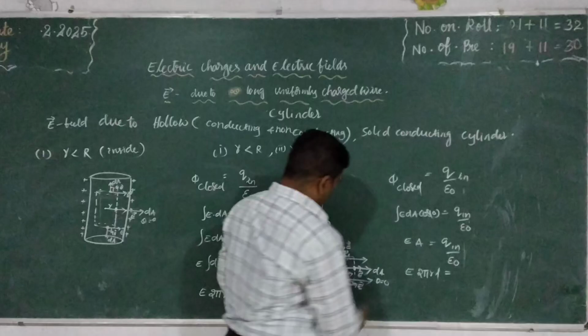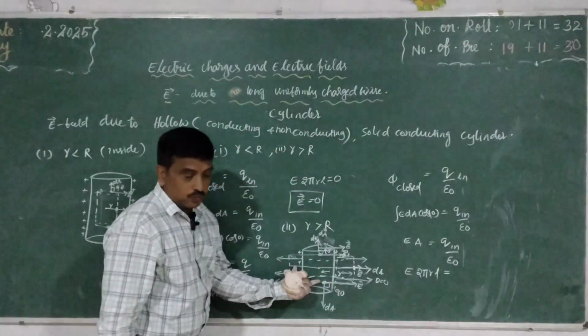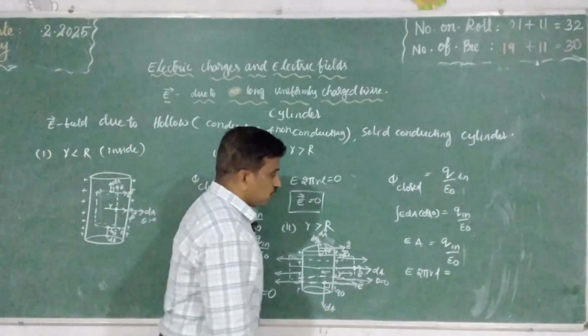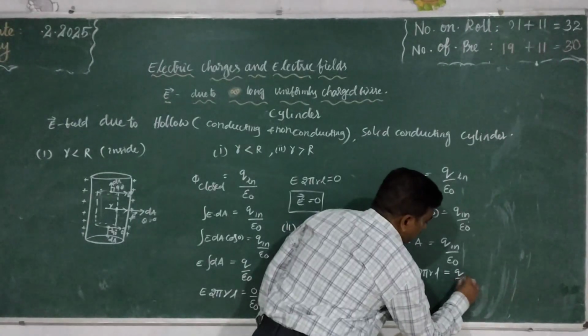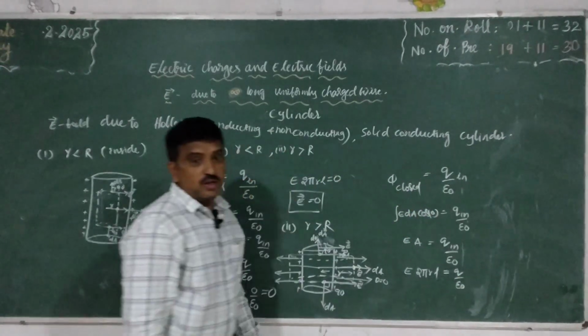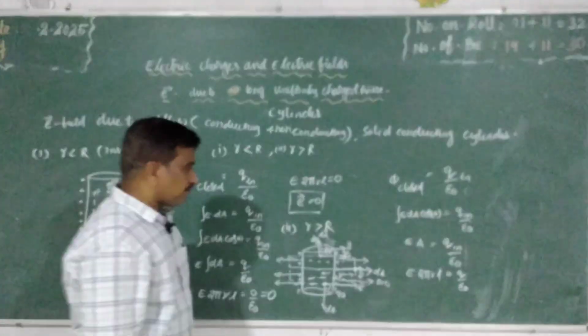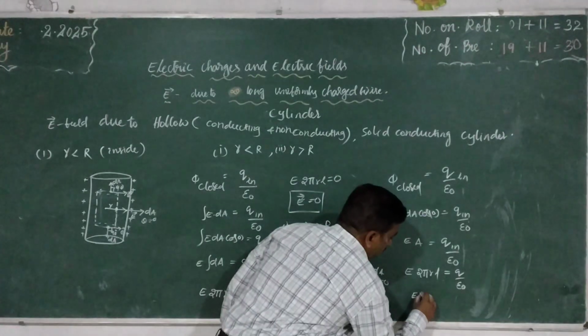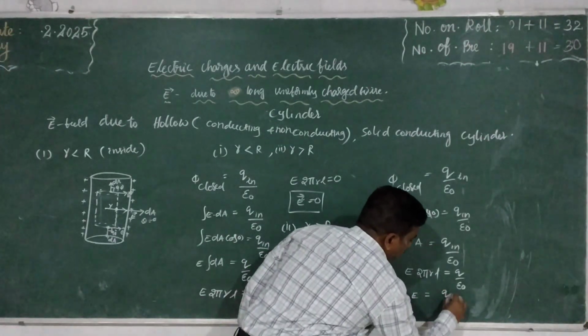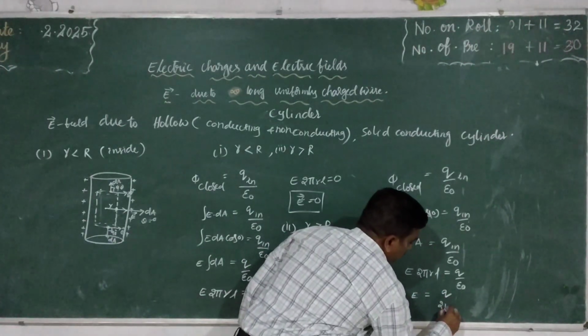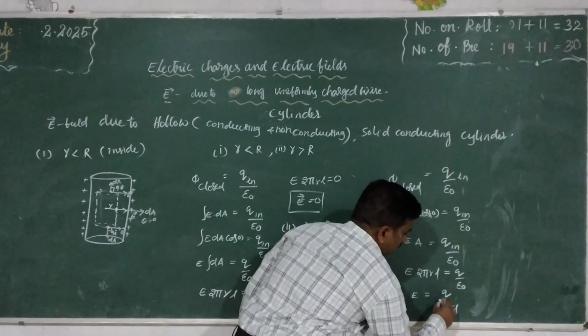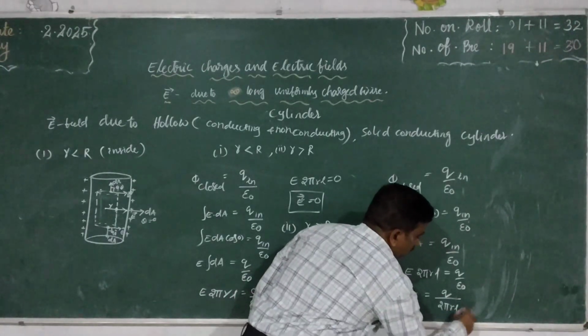See, what is the charge inside the cylinder? Here, q. So here we can write 2 pi rl times E equals q by epsilon naught. See, E equals q by 2 pi r l epsilon naught, q inside.